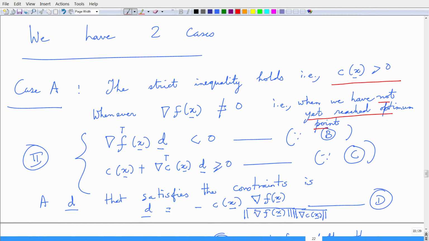Now, like the way we proceeded, a direction d that satisfies these constraints is given by d equal to minus C of x times del f of x upon norm del f times norm del C, and I call this equation d. We need to verify that this is holding true.